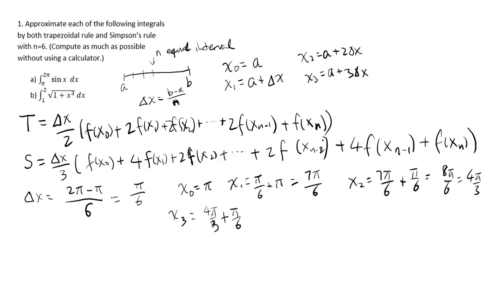You keep adding pi over 6 because that's the step size. And then 9 pi over 6 is what you get, which is 3 pi over 2.